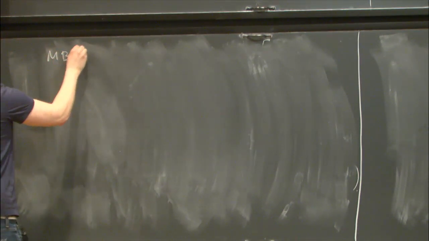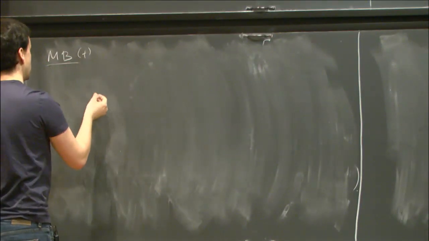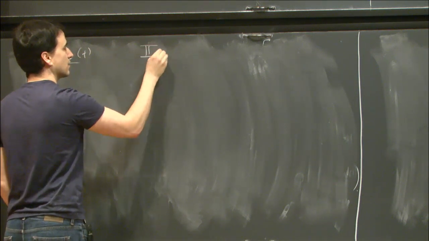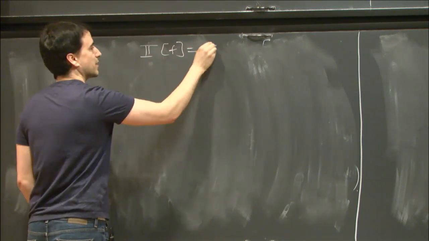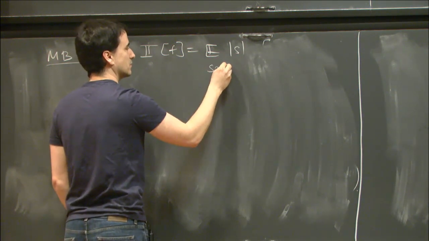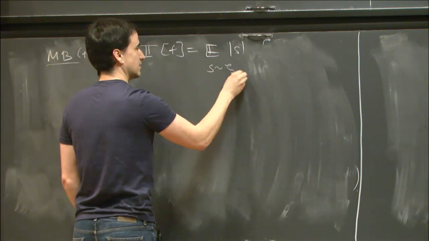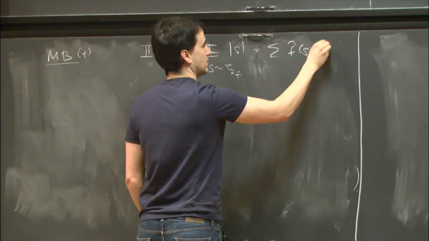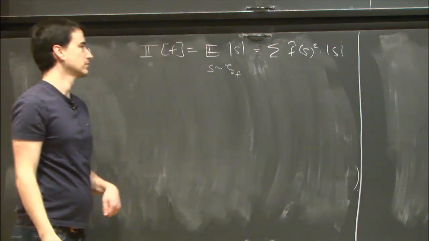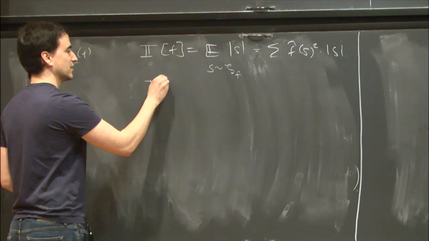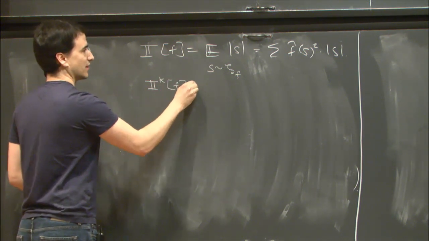So I want to define the moment bounds with parameter t. Recall the definition of influence. This was the expected size of the set with respect to the distribution, or the sum of squares times the size of the set. Now I want to define higher moments, and I will define it in a weird way, but I will justify it.